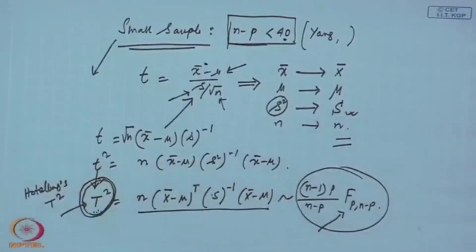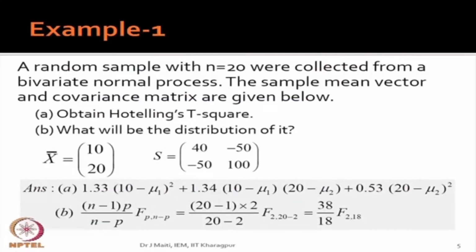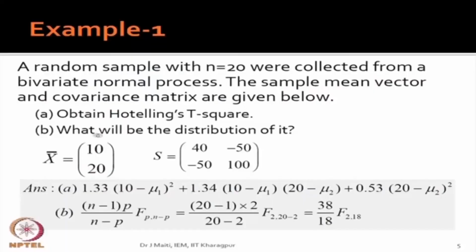Okay. Now, see the problem I have solved in another class. Again I want to solve it here, and it may be repetition for some of you, but for others it is not. A random sample of size n equal to 20 was collected from a bivariate normal process. The sample mean vector and covariance matrix are given below.